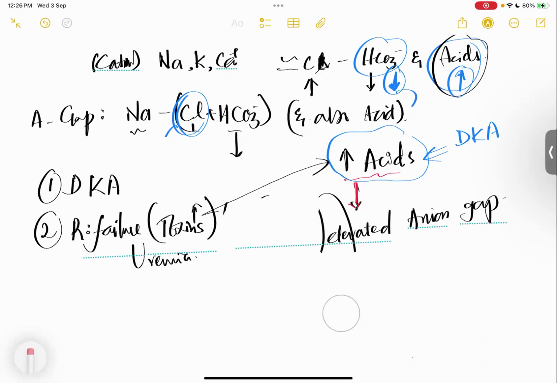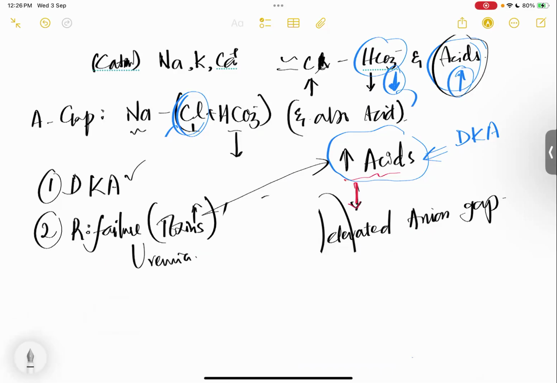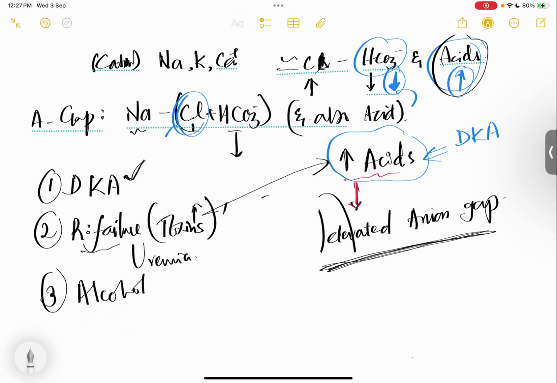So you guys have to memorize, because you know the concept, right? You have to remember DKA, renal failure, and alcohol. Alcohol toxicity will cause elevated anion gap metabolic acidosis.